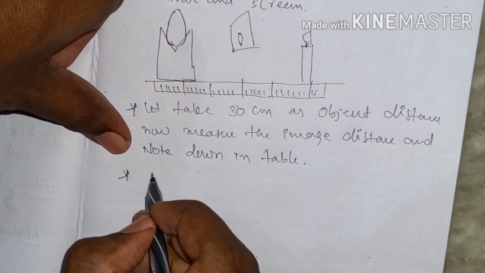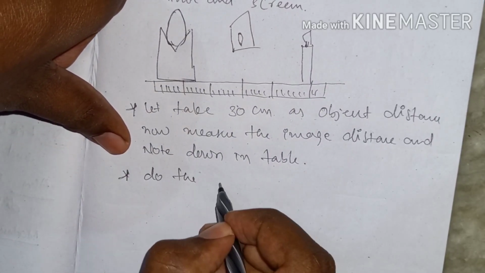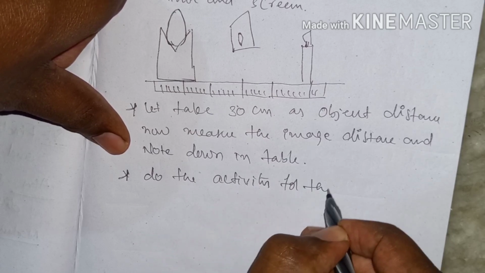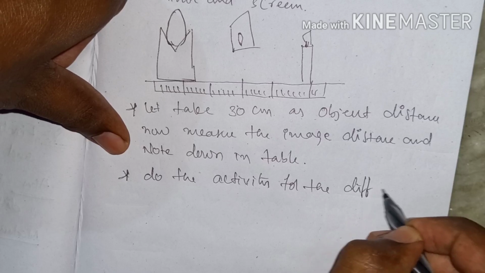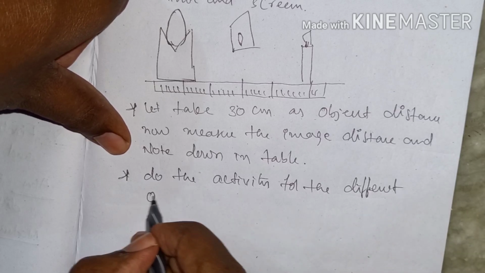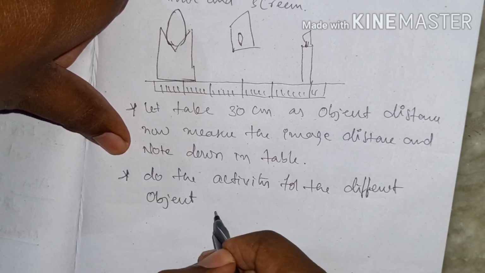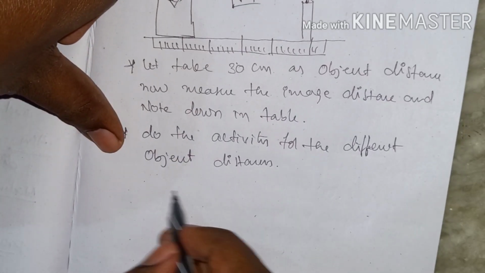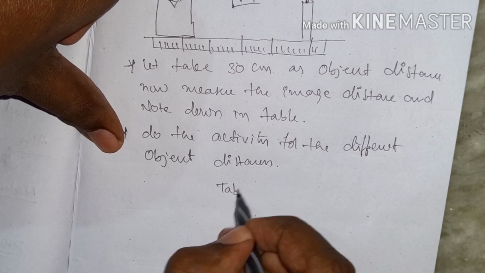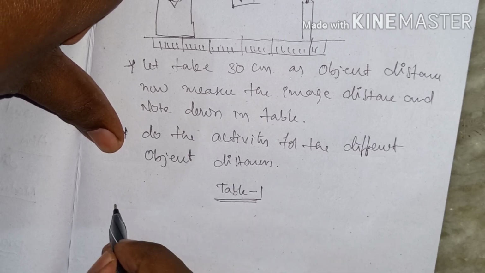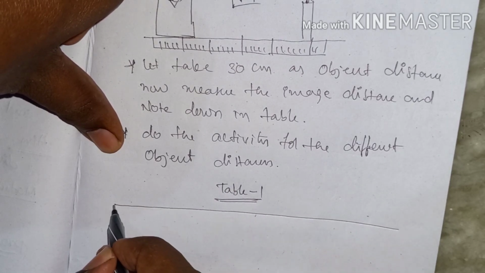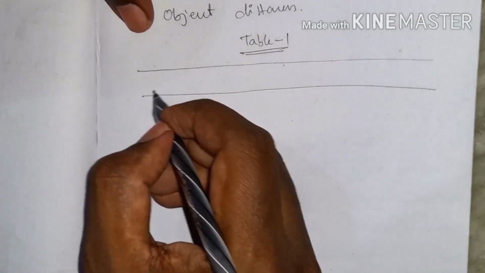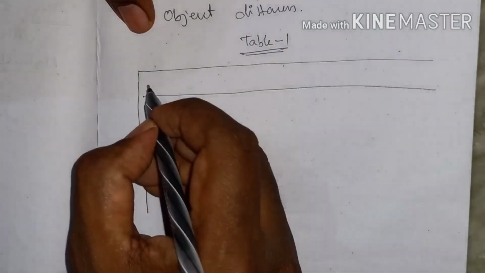And do the activity for different object distances. Okay, now the table. You can write it as table 1. See, the table is like this. It is a very important activity, listen carefully.